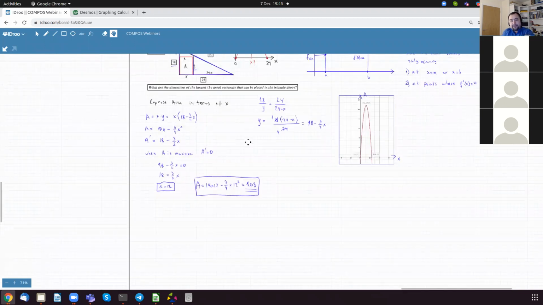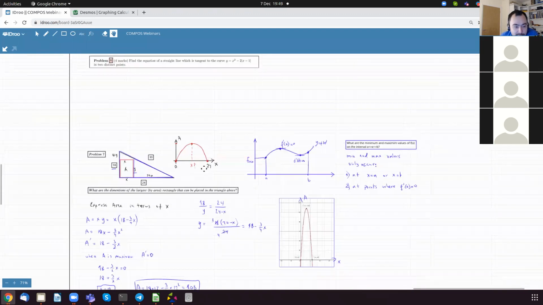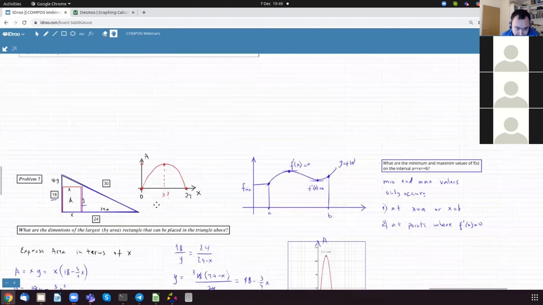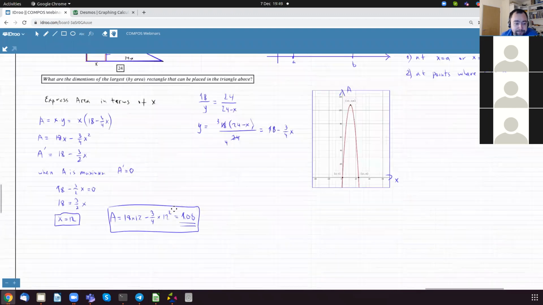So differentiation allows you to solve problems like this, very important problems on optimization. Economists use that a lot. Okay.